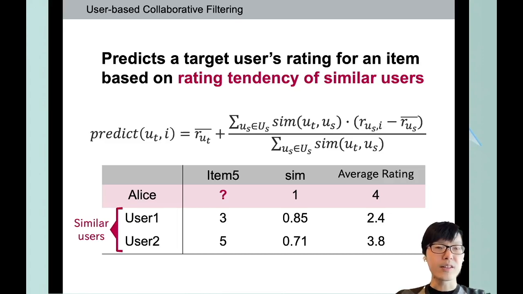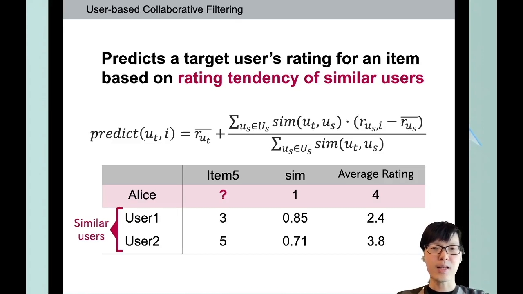As we already learned, user-based collaborative filtering tries to predict a target user's rating score for an item by focusing on rating tendencies of similar users. For example, assume that we want to predict Alice's rating score for item 5 now. Then if we use user-based collaborative filtering, we focus on the rating scores of user 1 and user 2.